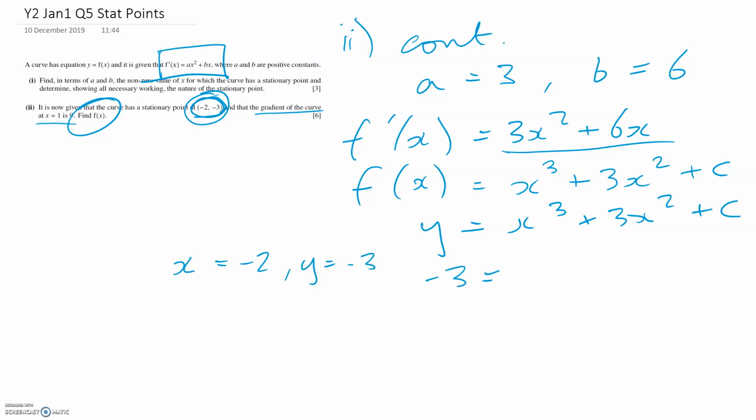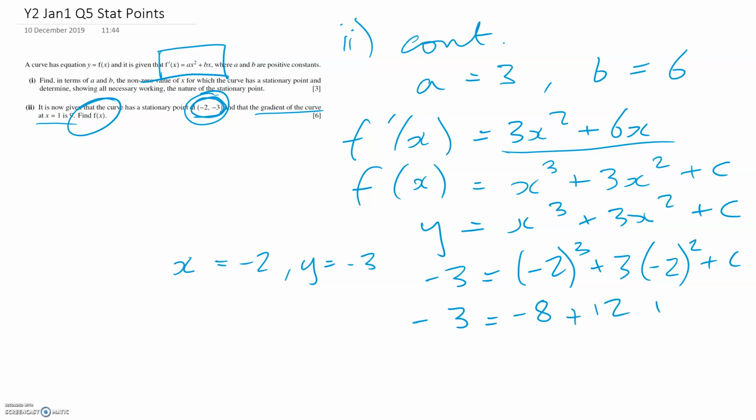So minus 3 will give us minus 2 cubed plus 3 times minus 2 squared plus c. Minus 3 equals minus 8 plus 12 plus c. I think that's going to give us 5 minus 12, that's minus 7.